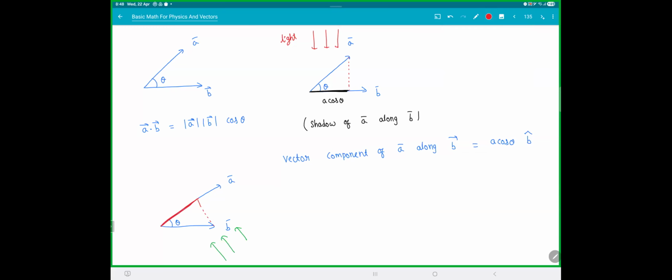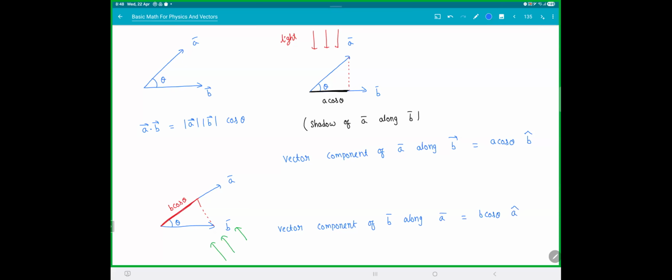So this is the shadow of B on A, which is B cos theta. Vector component of B bar along A bar, which is B cos theta. In which direction? A cap.